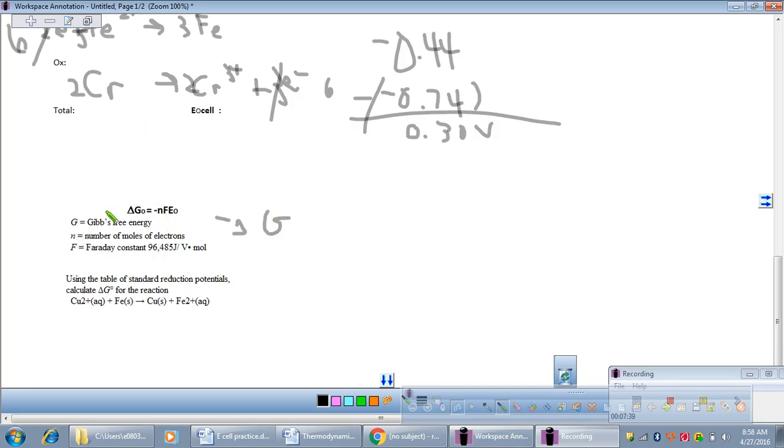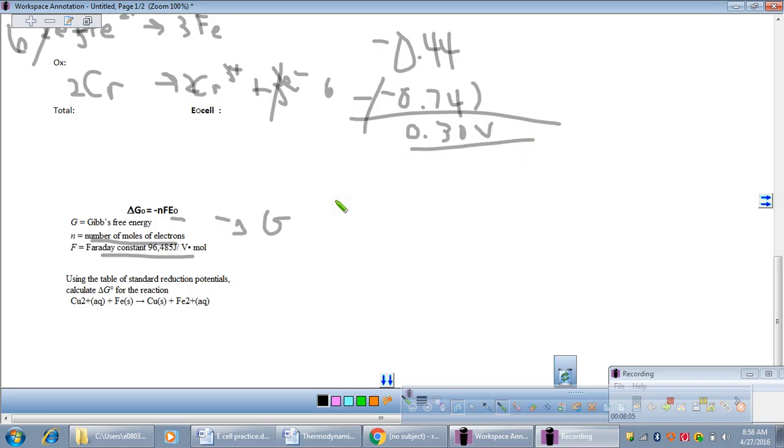In this equation, delta G is equal to negative N times F times E cell. All right, well, what does N stand for? The number of moles of electrons being transferred in your redox reaction. F is Faraday's constant, so it's always going to be the same thing, and the E cell is what you calculate. So basically, if you take a look, you are making whatever number you get negative.